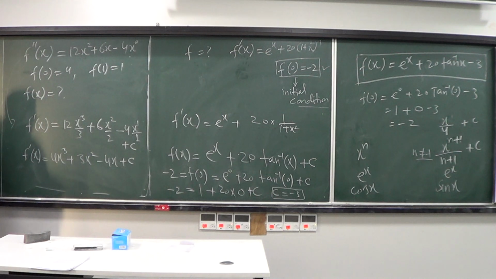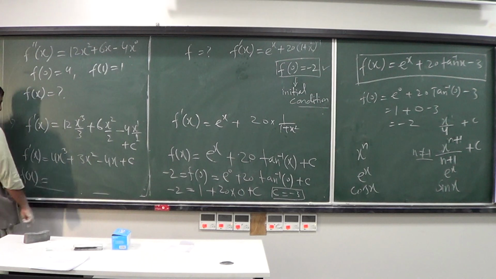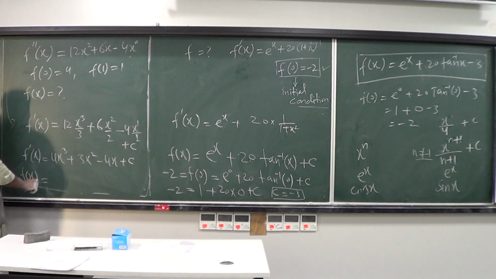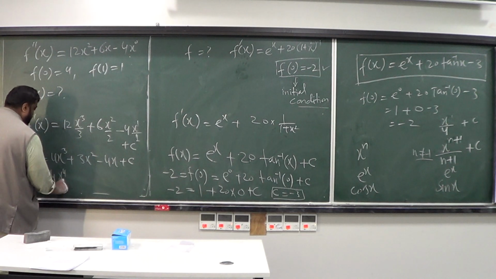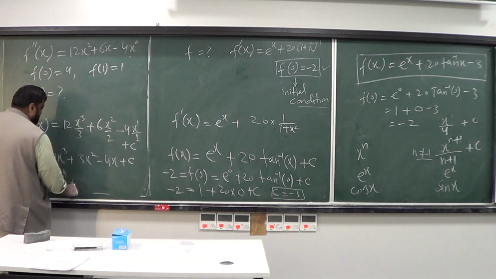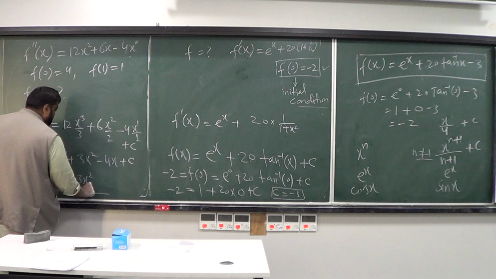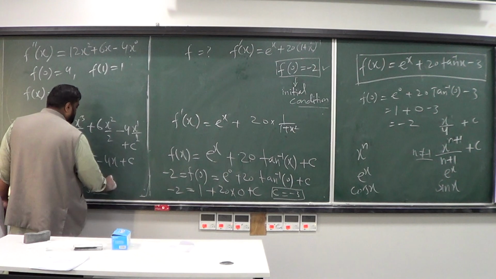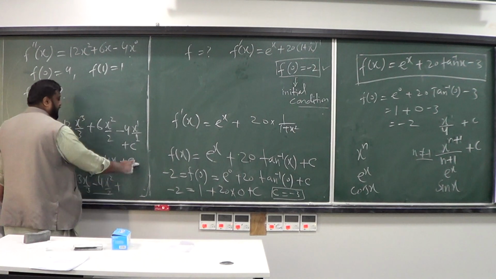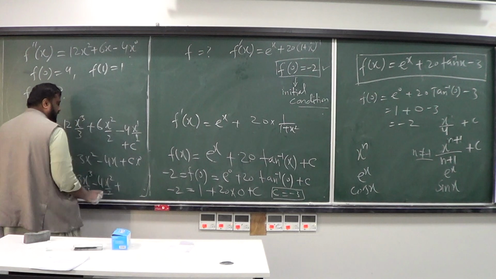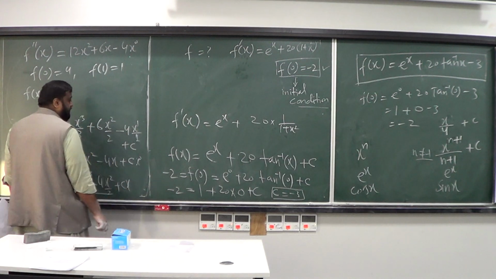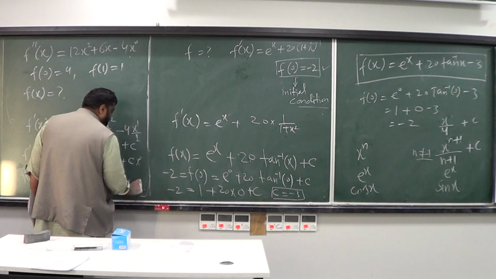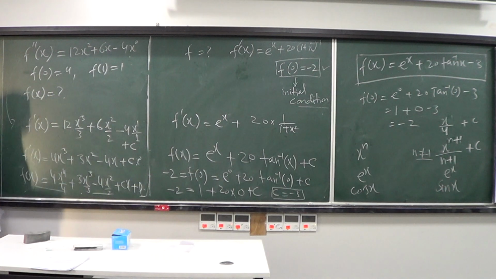And to recover f, I need to antidifferentiate again. So 4 stays 4, and x cubed becomes x power 4 by 4, plus 3x squared becomes 3x cubed upon 3. The 4x becomes x squared upon 2. There is no x in the constant term, so let's assume you have x power 0, so it will become cx plus another constant, d.